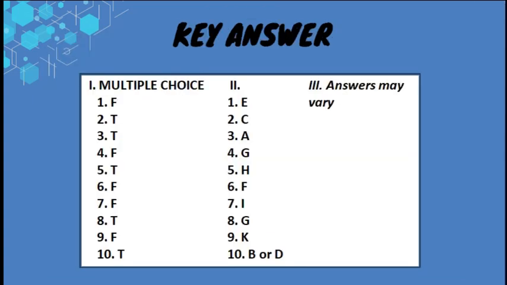As for the key answer for the true or false: number 1 F, 2 T, 3 T, 4 F, 5 T, 6 F, 7 F, 8 T, 9 F, 10 T. Matching type: 1 E, 2 C, 3 A, 4 G, 5 H, 6 F, 7 I, 8 G, 9 K, 10 B or D. For assessment 3, answers may vary.